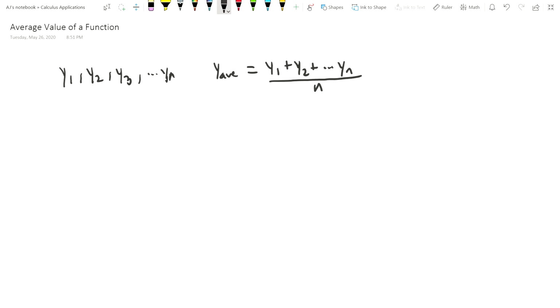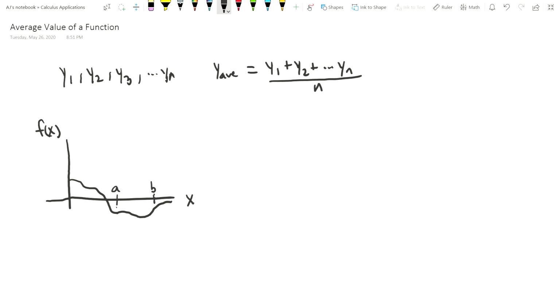Pretty straightforward. But now let's say we are tasked with finding the average value of a function, f of x. And let's say the function looks something like this. It can really look like anything, any function. This technique will work. And let's say we want to find the average value between x equals a and x equals b.